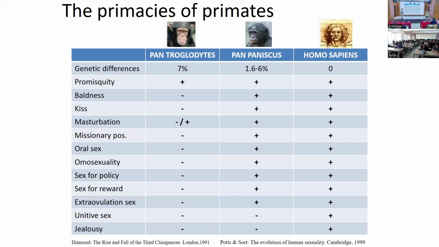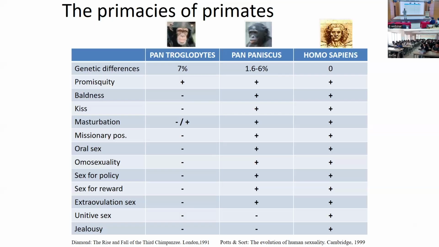But when we go to the Pampaniscus, to the bonobo, the dwarf chimpanzee, which is living in the center of Africa, the difference is even lower, is about 2%. 98% of our genes are identical to the bonobo, to this particular and fun chimpanzee.